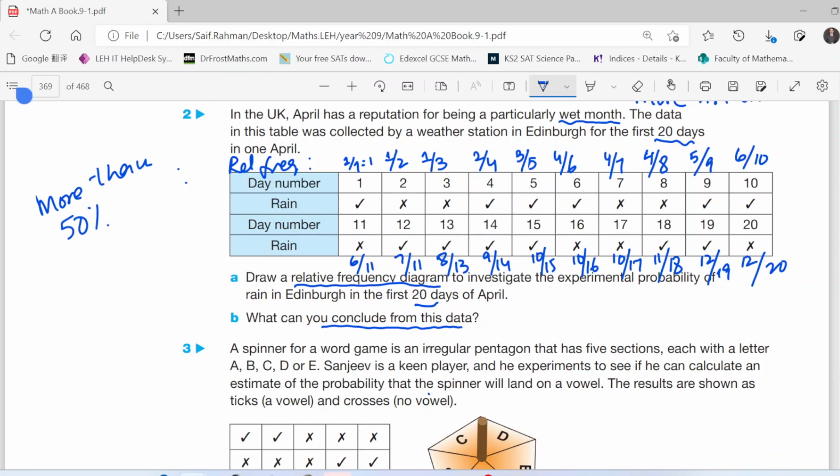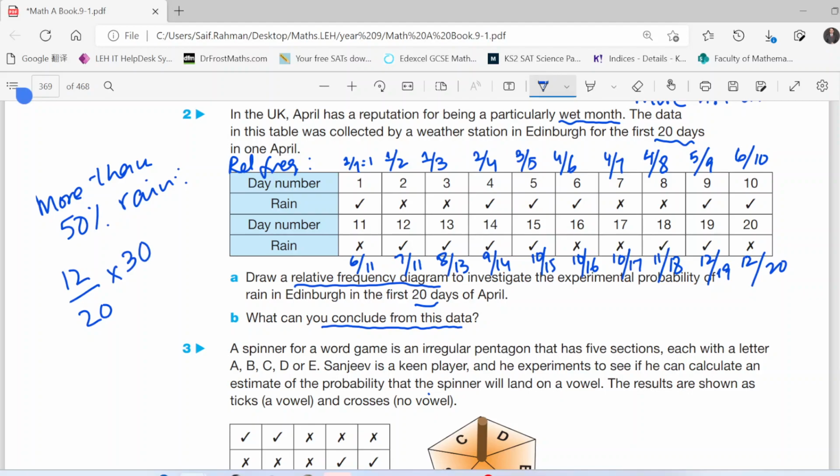So there was rain. And if we take this out of 30 days, then for more than 15 days it should rain. So 12 out of 20 times, if the days are total 30.